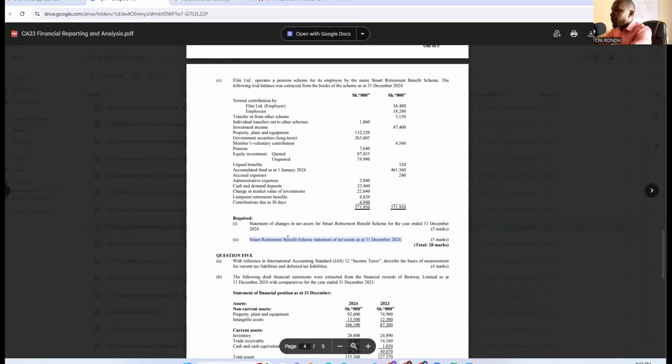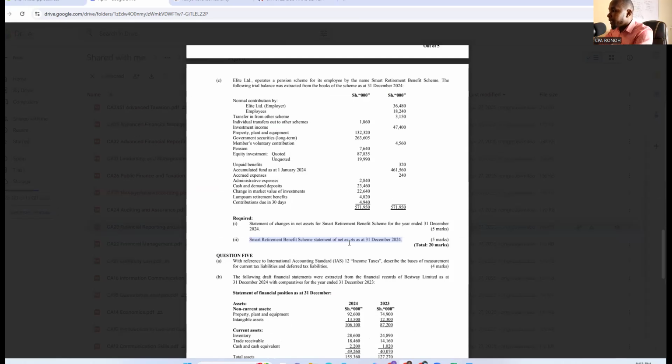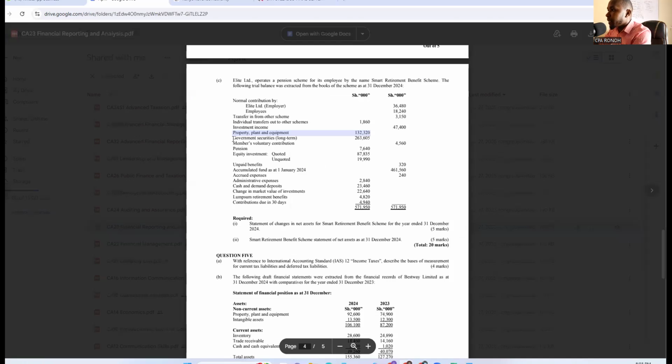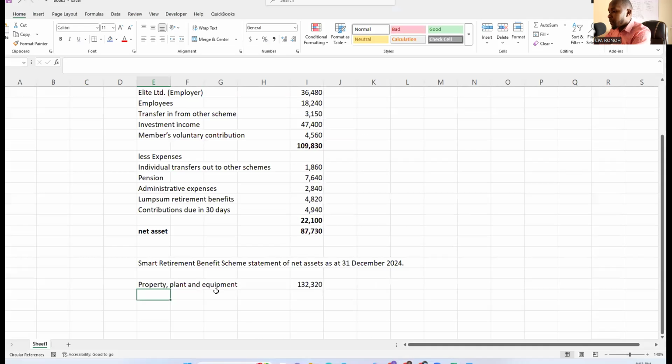So for the retirement benefit scheme, for the net assets, we will have to start with the PPE, property, plant, and equipment. I hope I will be done with this in 5 minutes. Property, plant, and equipment, and we also have the government security.